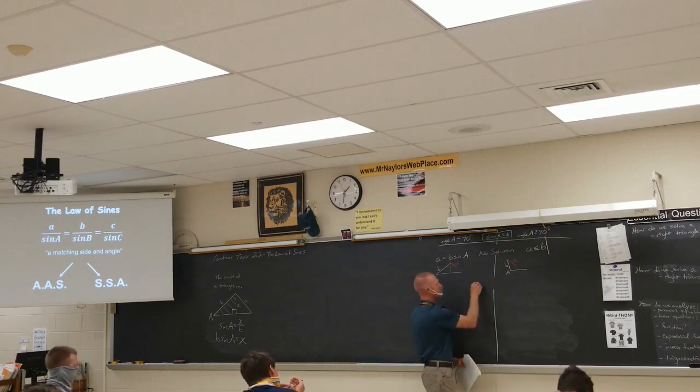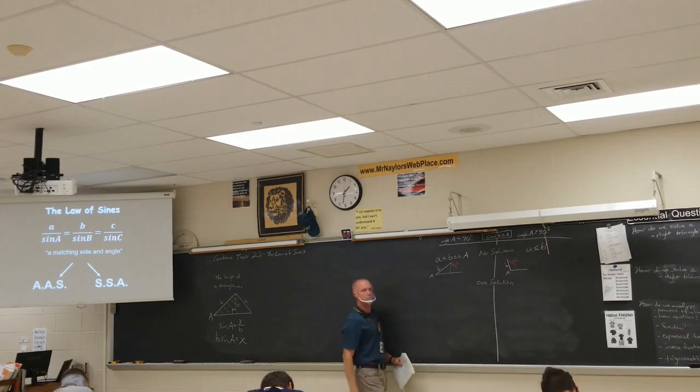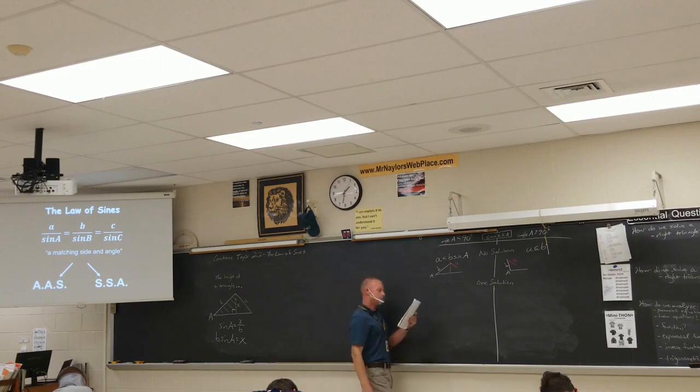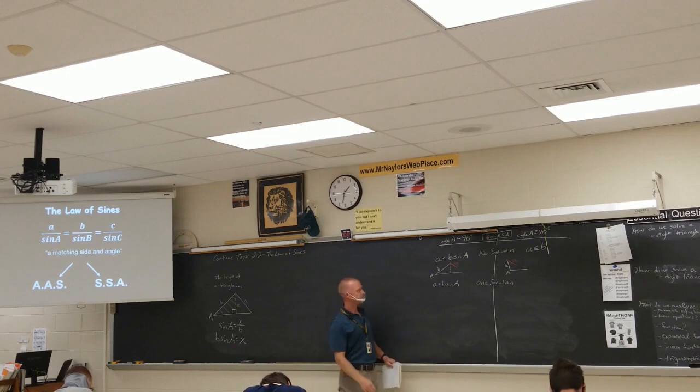Let's add a little more to it. One solution means one triangle. It probably would be like what you would imagine if we hadn't even talked about this. That is, you probably would have imagined that you made a triangle.